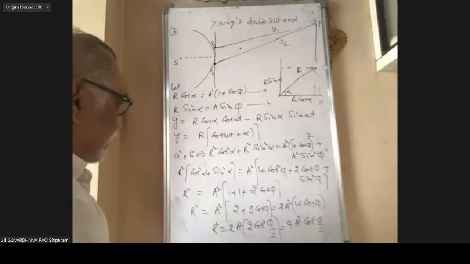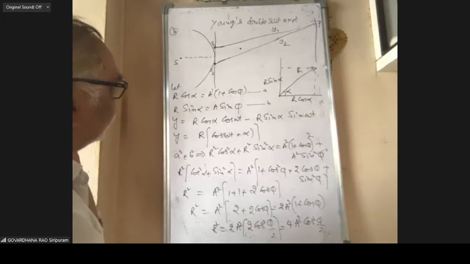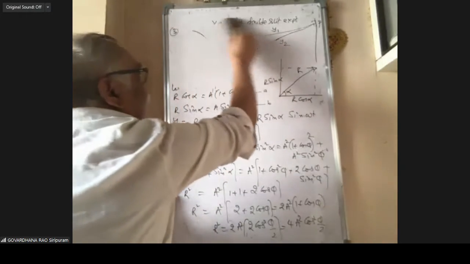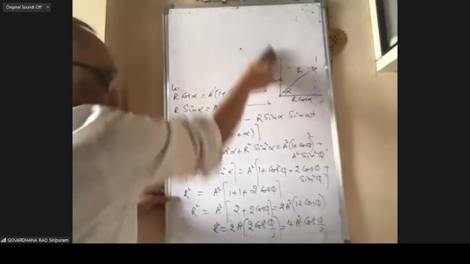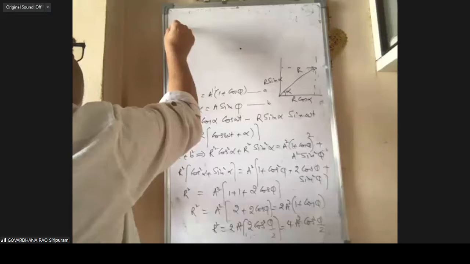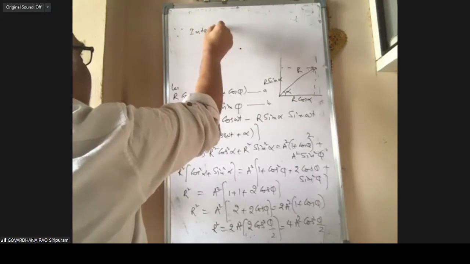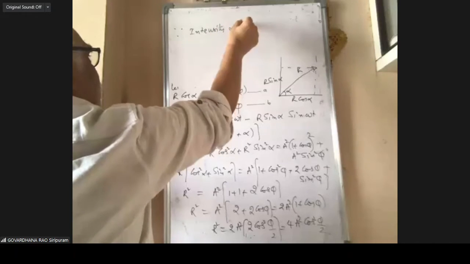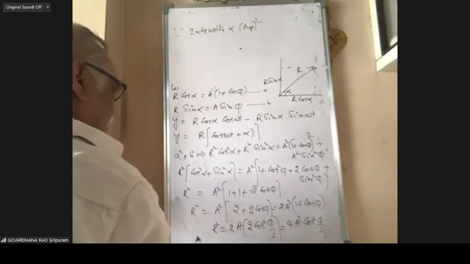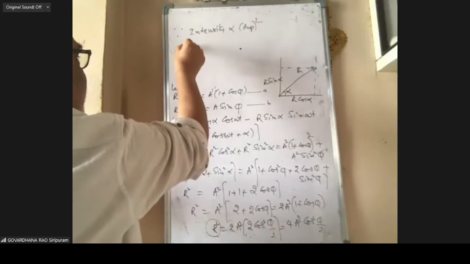So that is R square. Now what is the intensity? Proportional to A square, since intensity is proportional to the square of the amplitude. So in the place of R square, what will come?